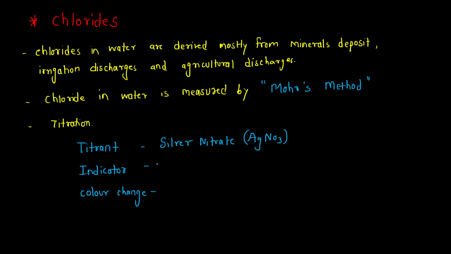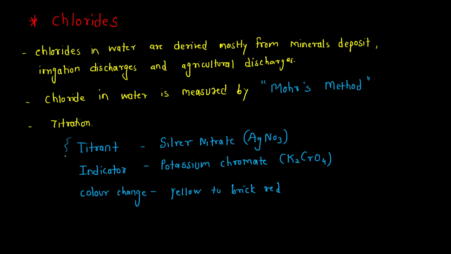The indicator that we use is potassium chromate, and the formula is K2CrO4. The color change is yellow to brick red. So this is important in the titration process of chloride.